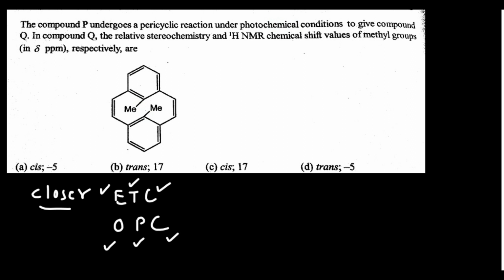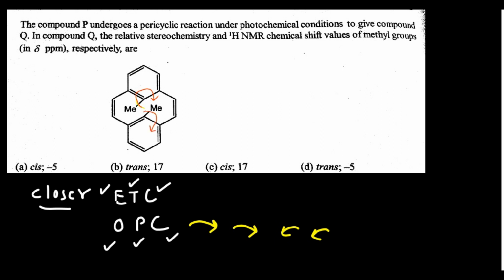Conrotation means, in the pericyclic reaction, both the rotation will happen in the same direction, either clockwise or anti-clockwise. Please remember. Okay, so how we can explain this? So this undergoes the conrotation. Conrotation means, if for example it is going in the clockwise direction, like that, so this will also come in the clockwise direction, right?